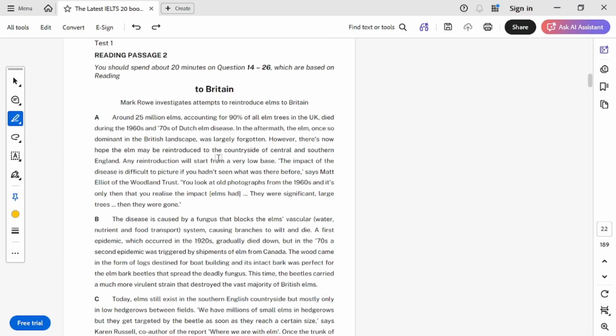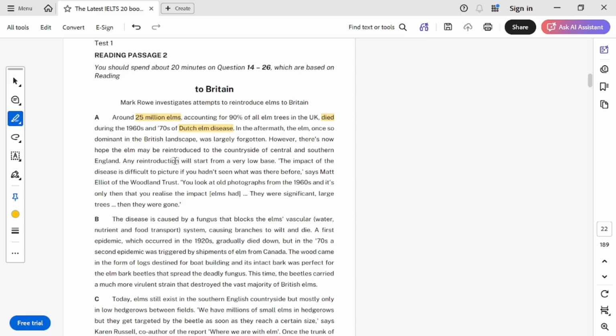Let's start with paragraph A. Don't worry about understanding every single word. Let's ask what the paragraph is mainly about. I have already read these paragraphs, so I have an idea. Paragraph A tells about around 25 million elms that were once very common. 25 million trees died because of Dutch elm disease, and now there is a hope that they can be reintroduced into central or southern England.